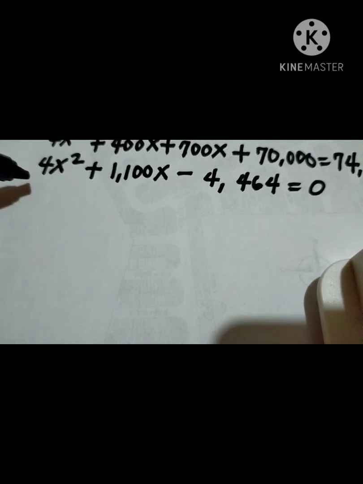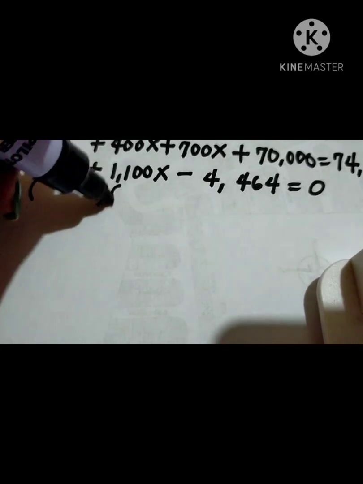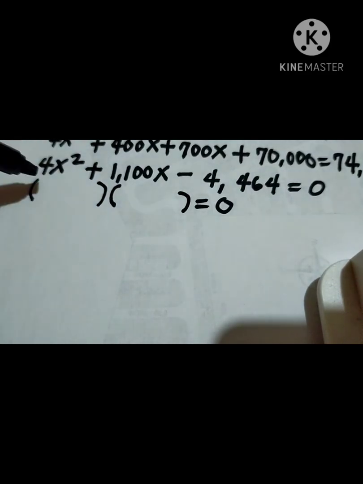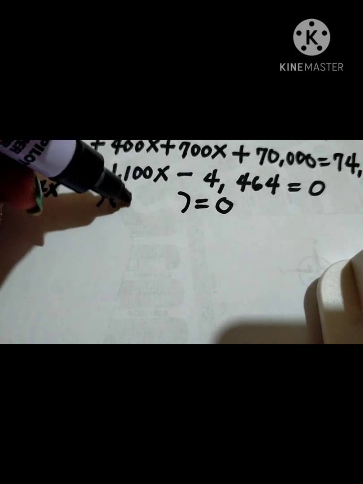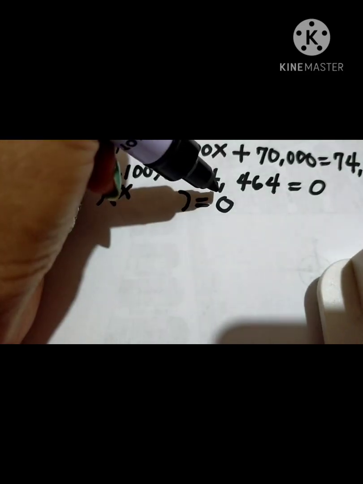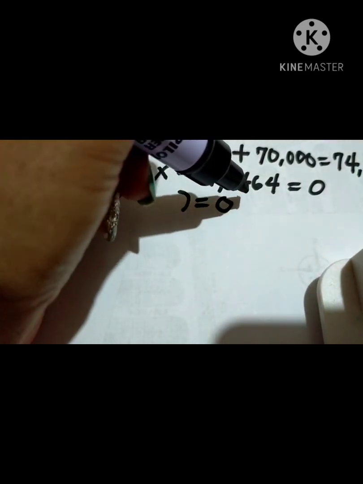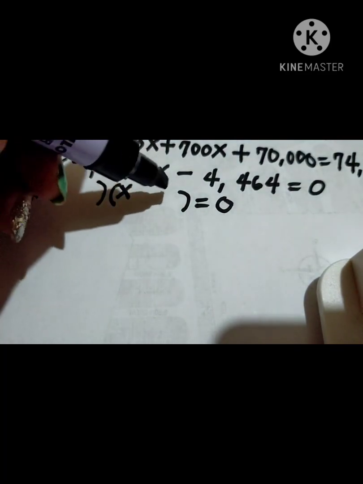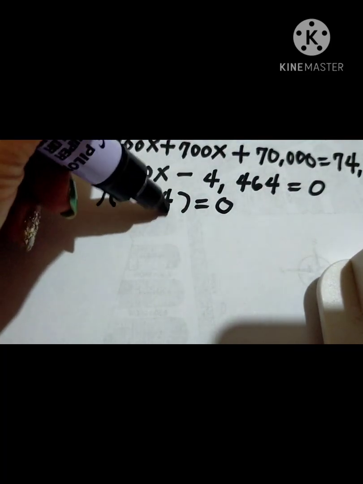By factoring, equating both factors to 0, we have 4x and x for 4x squared, and for 4,464, that would be 4 here.